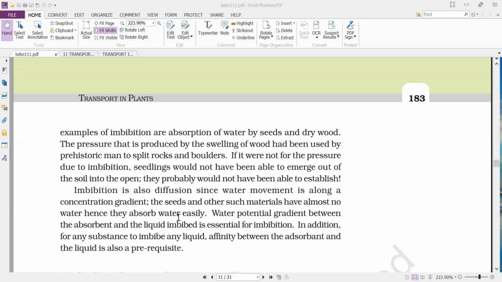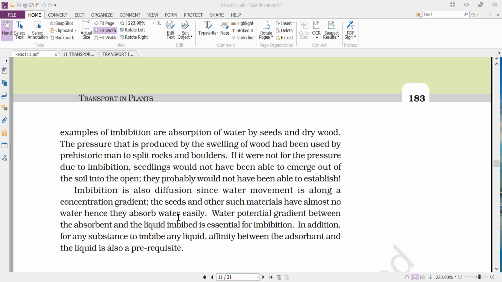If you take a dry wood or a seed, we already said the water content of the seed is reduced by 10 to 15% compared to the normal plant. So automatically it has lower water potential. And the dry wood doesn't have moisture or any water, so it has less water potential.